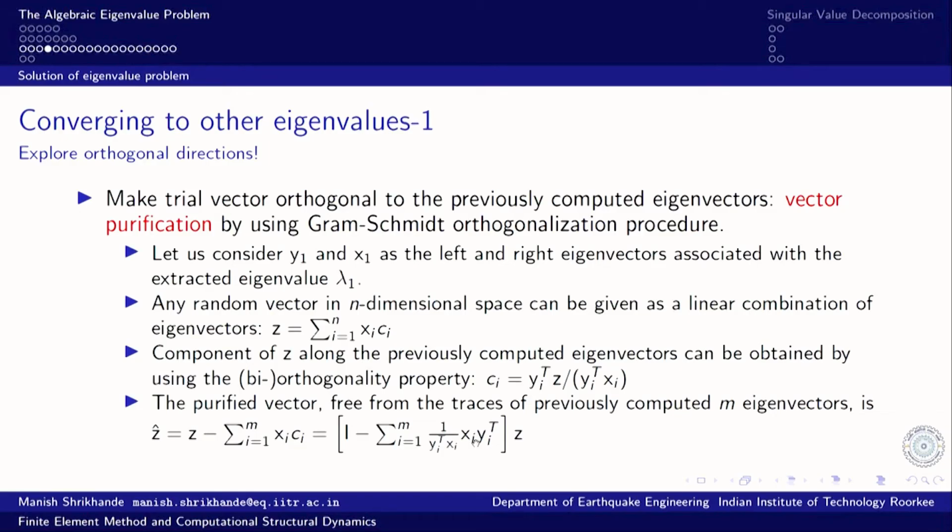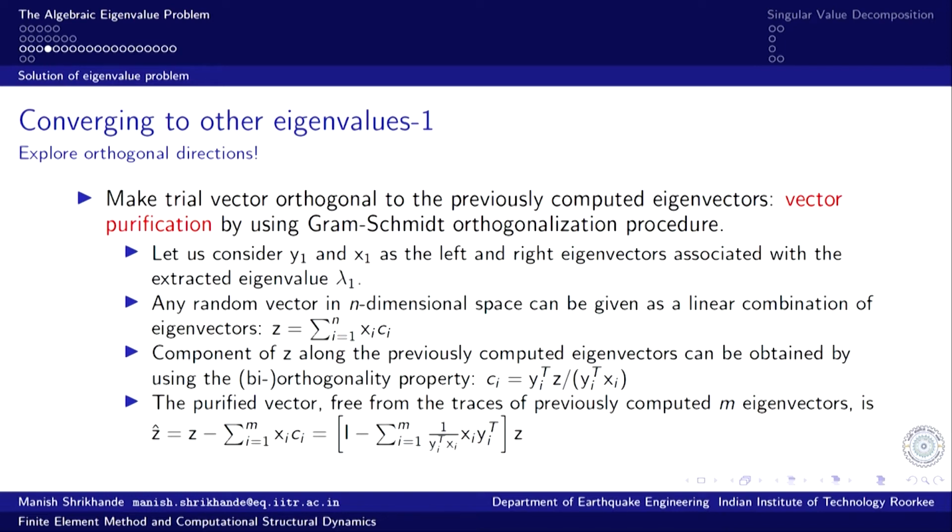So, we can use this sweeping matrix to gradually improve the trial vector.